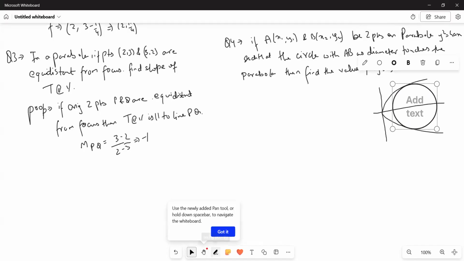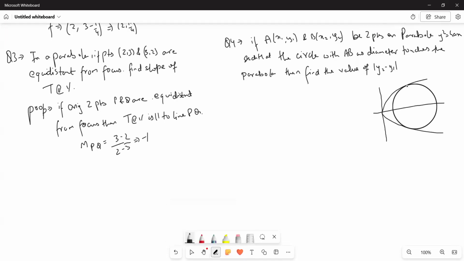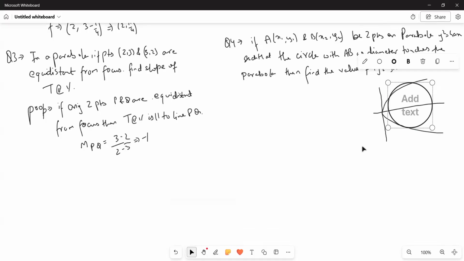Okay, so that is how the circle would be. So this point is A, this point is B. This is a circle with AB as the diameter, and it touches the parabola.